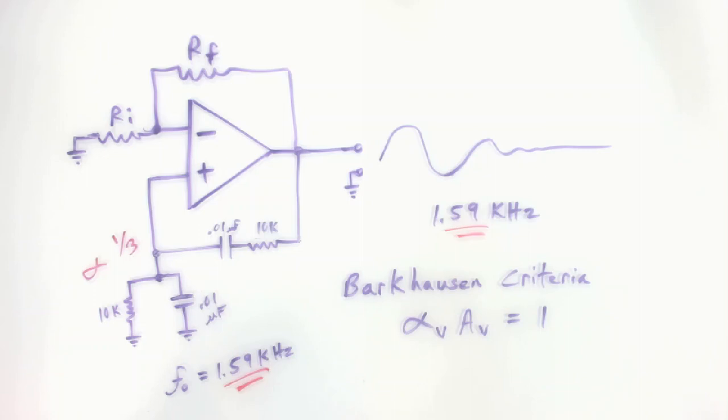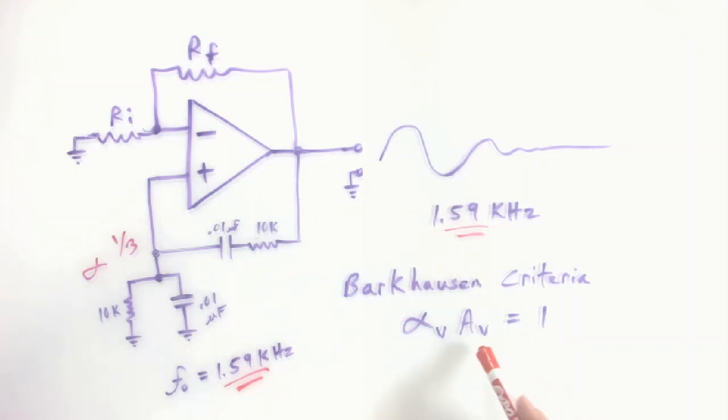A fancy name for the issue that we're going to solve is the Barkhausen criteria. It simply states that whatever the attenuation is of your feedback path, you have to match that with an appropriate amount of gain so that the net result is you can keep the oscillation going.